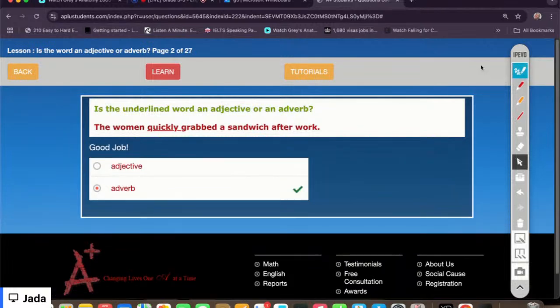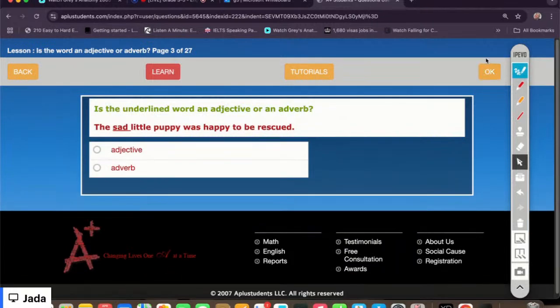Adverb. So next up, the sad little puppy was happy to be rescued.